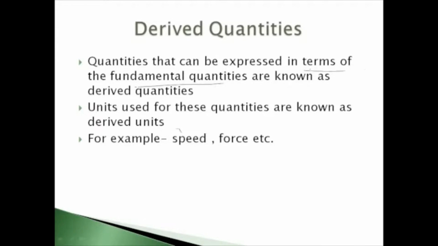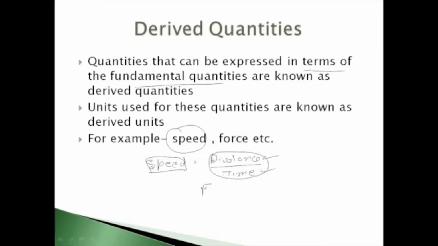For example, consider speed. Speed is distance upon time. To define speed, we need two fundamental quantities. One is distance and one is time. So speed is derived from these two quantities.